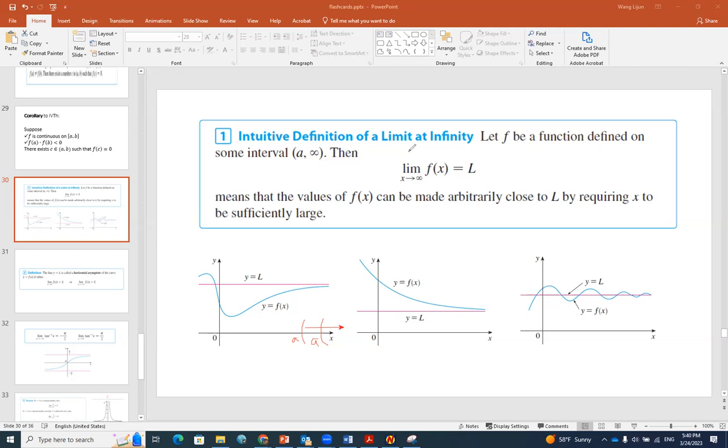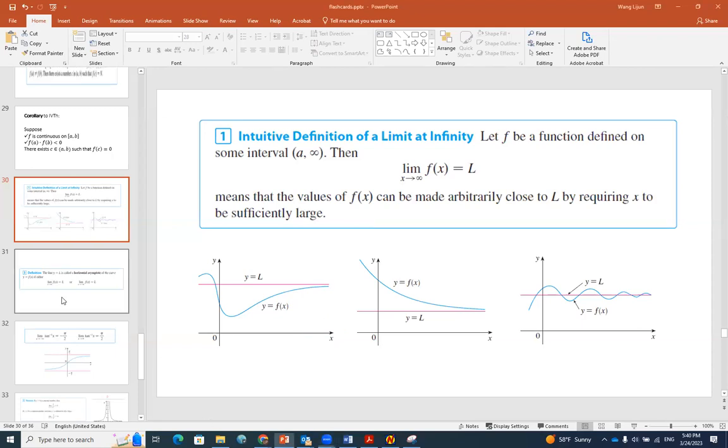So when we see this symbol, the whole definition is implied. Please remember that.